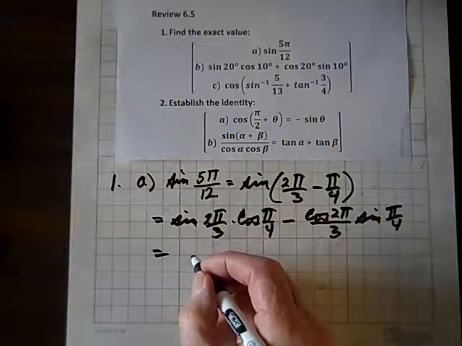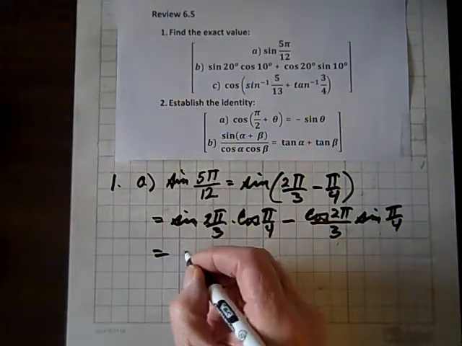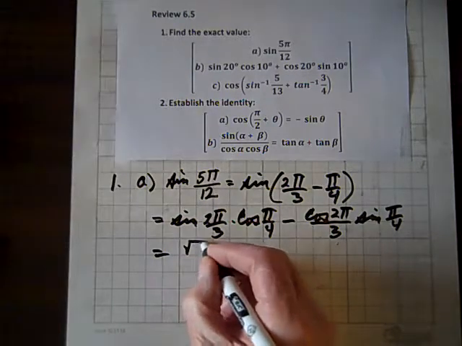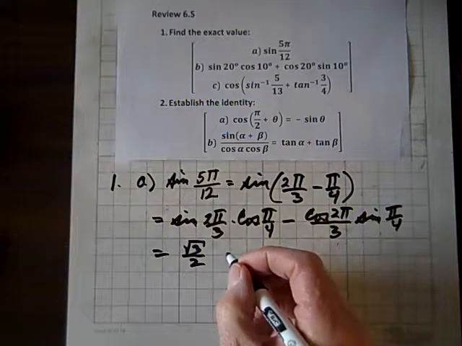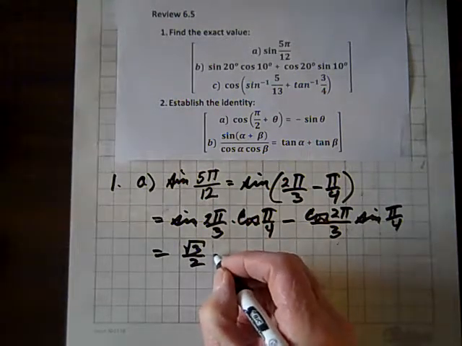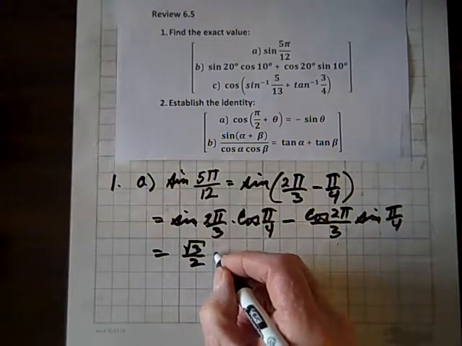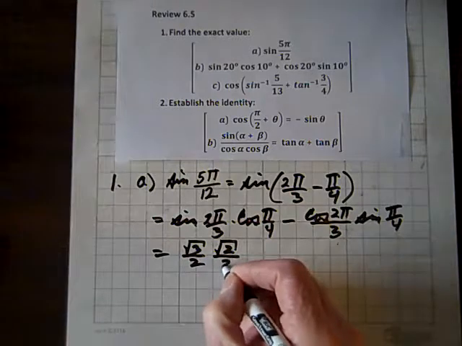And the sine of 2 pi over 3 is root 3 over 2. And the cosine of pi over 4 is, when you rationalize the denominator, root 2 over 2.